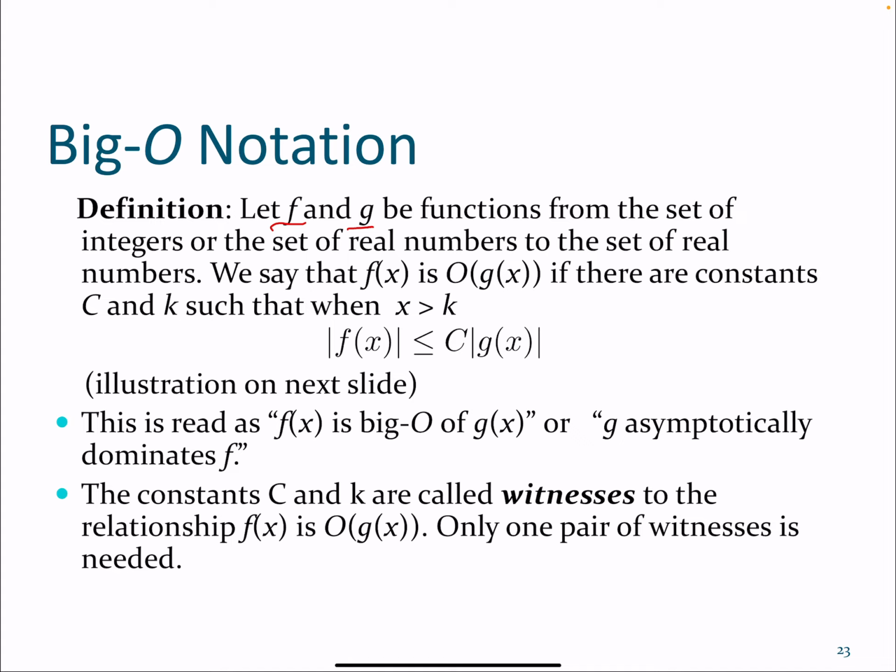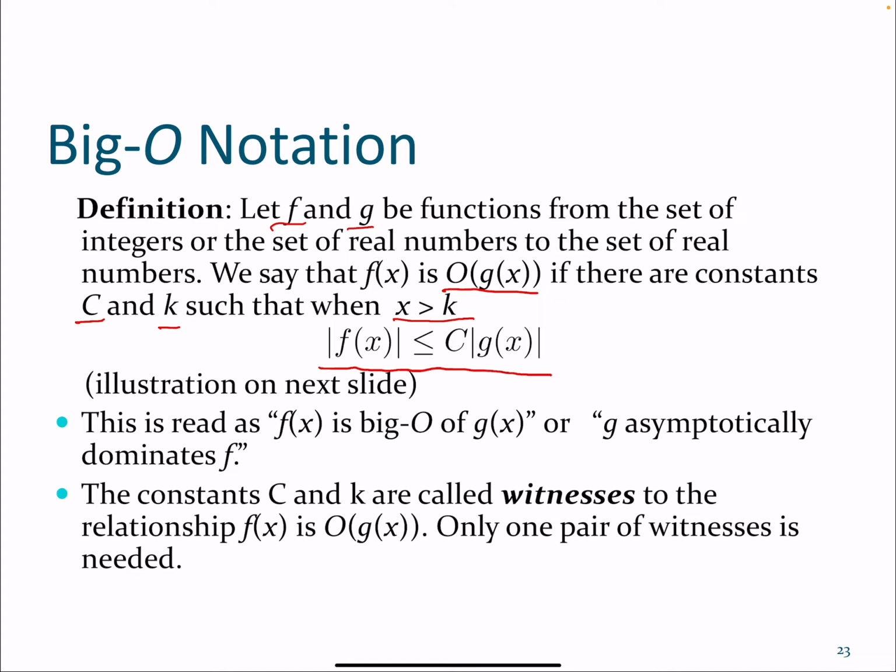Then we say that f(x) is big O of g(x) if there are constants c and k such that when x is greater than k, we always have the absolute value of f(x) is smaller or equal to c times the absolute value of g(x).